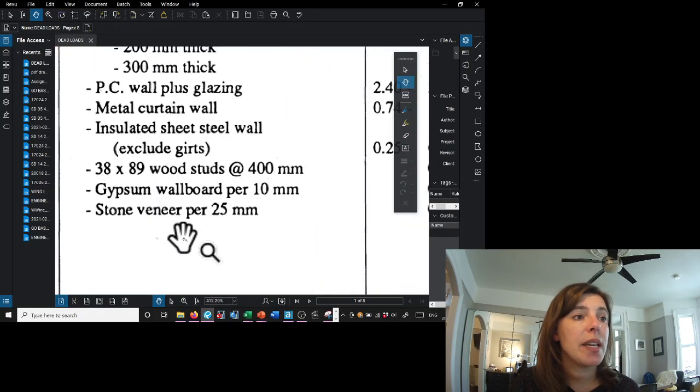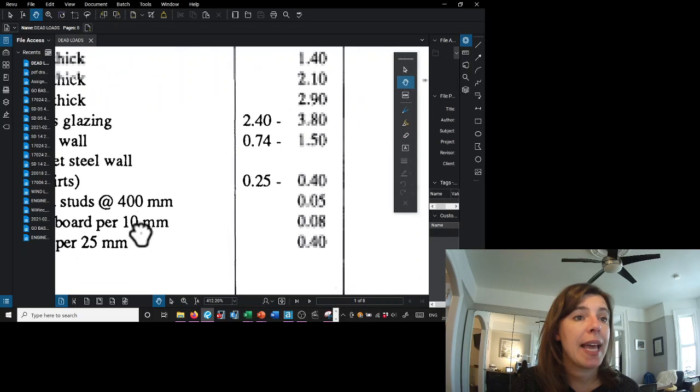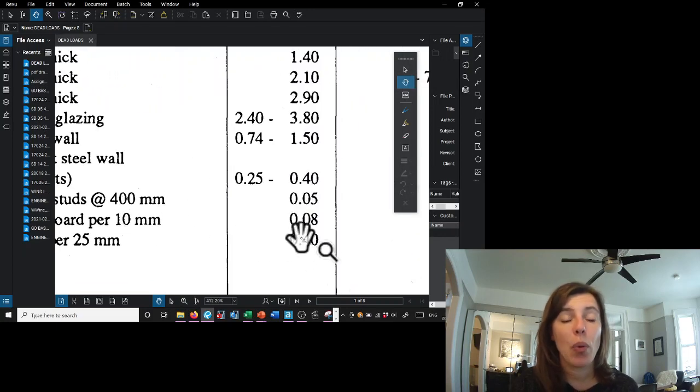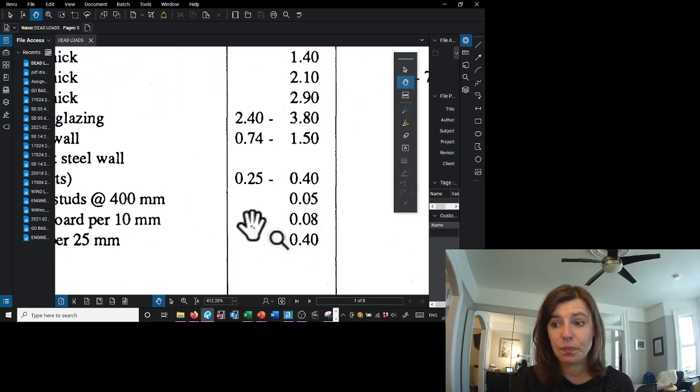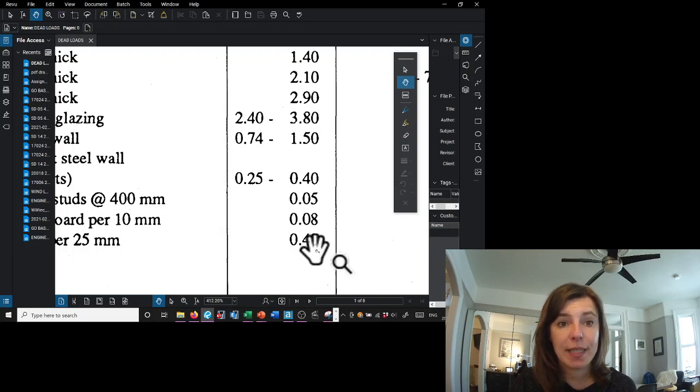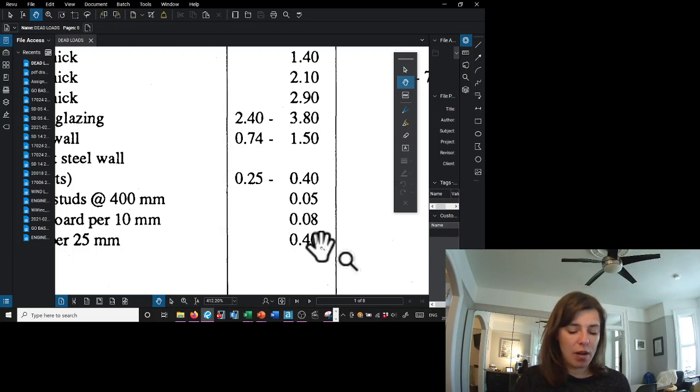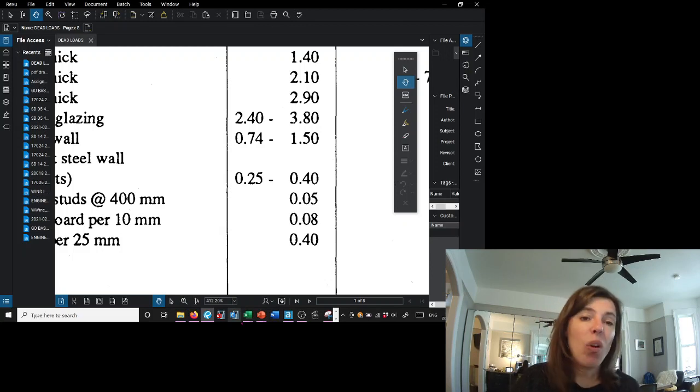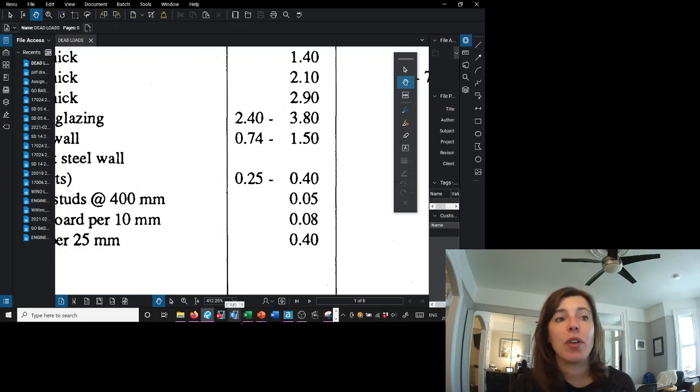So see here, they've got gypsum wallboard per 10 millimeters, weighs 0.08 kPa. We have 19 millimeters of it, so 0.08 times 19 divided by 10 gives us 0.152, or 0.15 kPa for our gypsum wallboard.